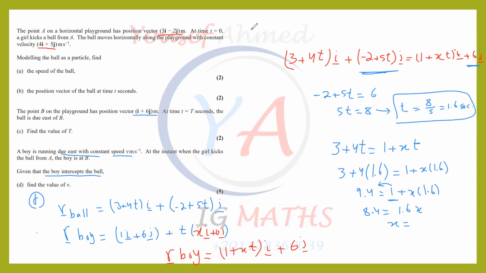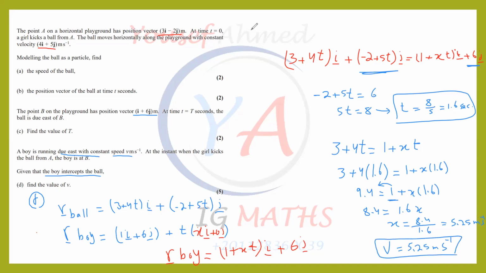So x is 8.4 over 1.6, which gives you the velocity. 8.4 divided by 1.6 gives 5.25 meters per second. So the final velocity for the boy as a scalar is 5.25 meters per second. This is the final answer.